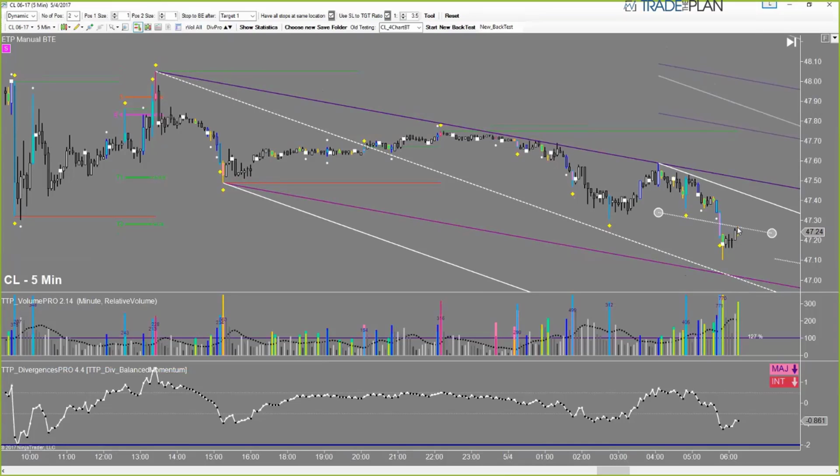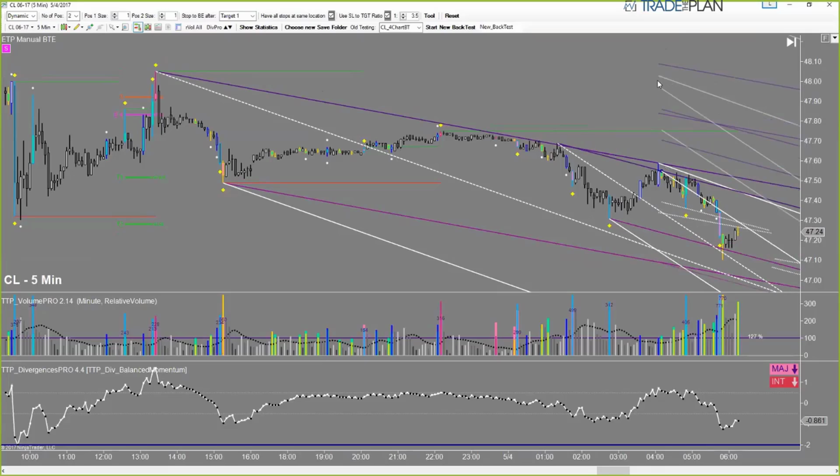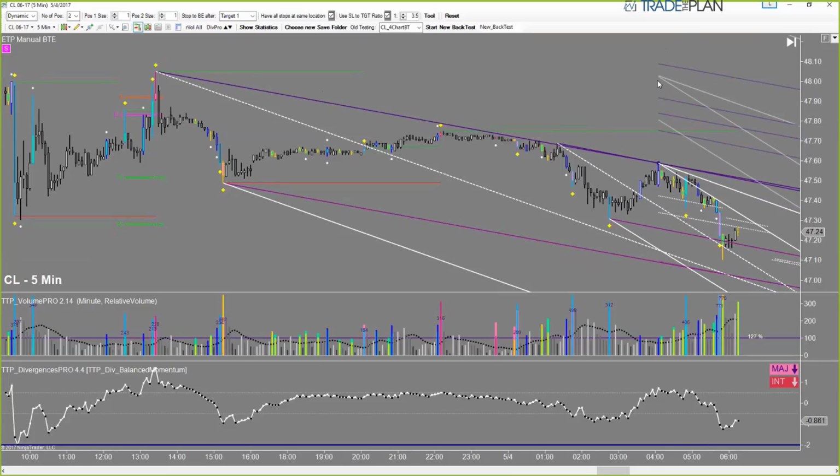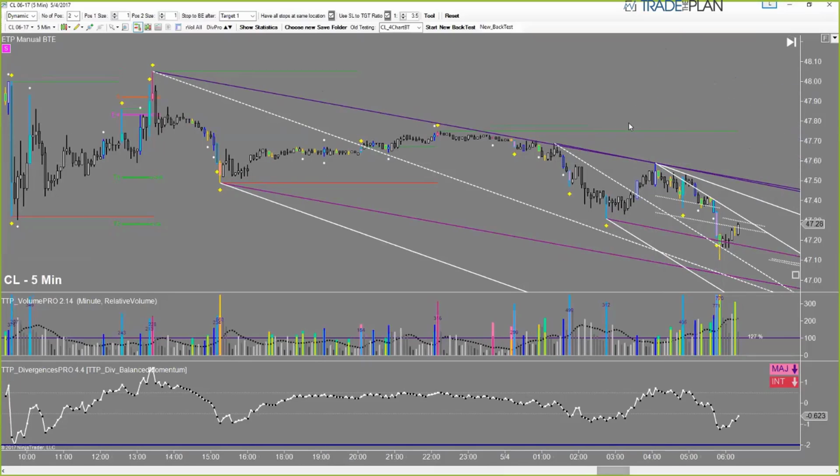I wouldn't be surprised if it goes straight down from right here. But let's see. Looks like it might have found some support off of that. Maybe it'll come back. I don't really like this one though. Let's keep going forward a little bit.